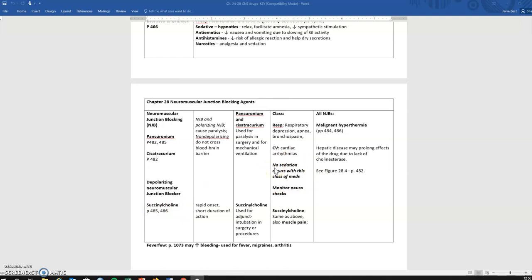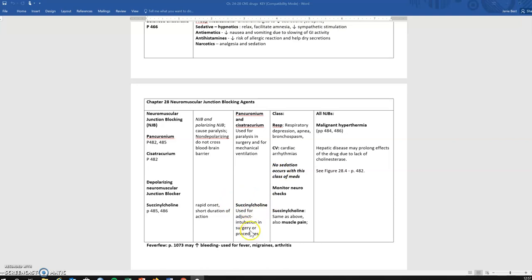They only cause paralysis. It is extremely important to sedate the patient prior to them receiving one of these neuromuscular junction blockers or a depolarizing neuromuscular junction blocker, because no sedation occurs with this class of medications.